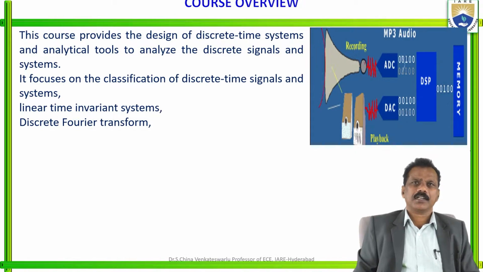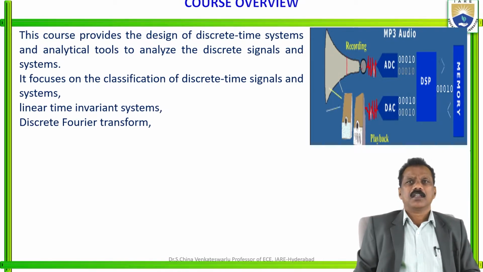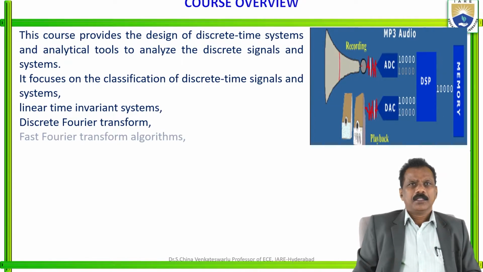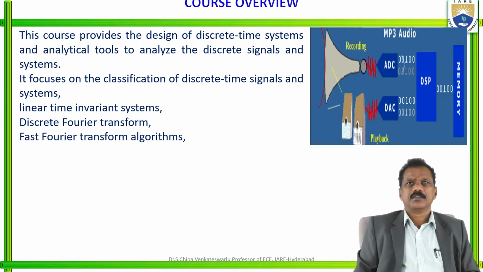In between the linear time invariant system and discrete Fourier transform, you have to recollect the Fourier series and Fourier transform, which are important to analyze the linear time invariant system and discrete Fourier transform. After that, fast Fourier transform algorithms.